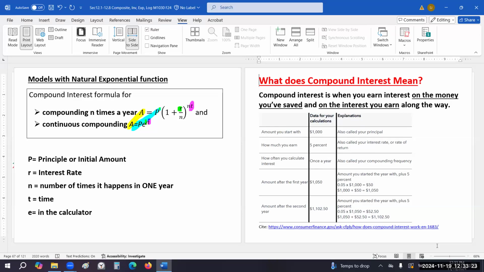If you compound a certain number of times a year, like annually, semi-annually, monthly, weekly, then it's the first formula, where n is the number of times you compound. And if you see the words compound continuously in your word problem, it automatically means you're using the second formula.